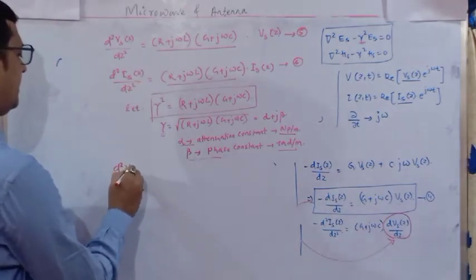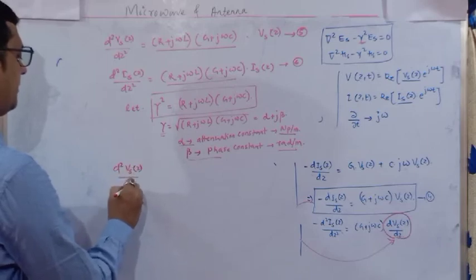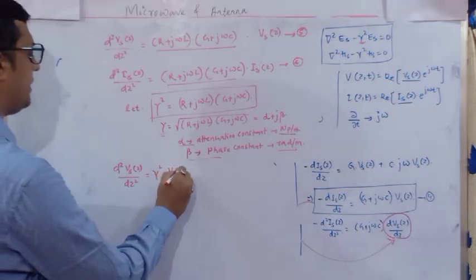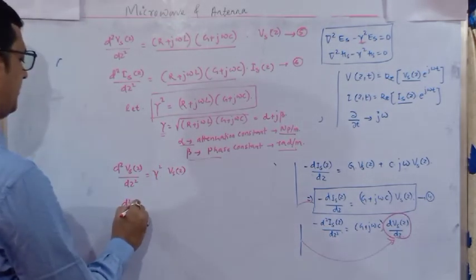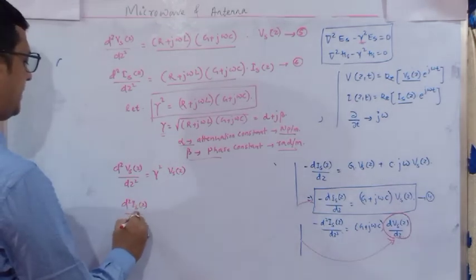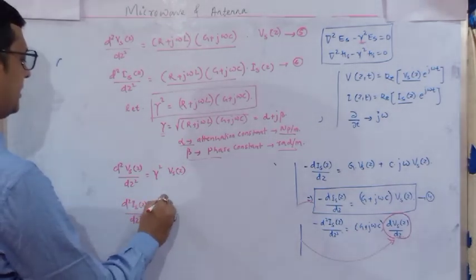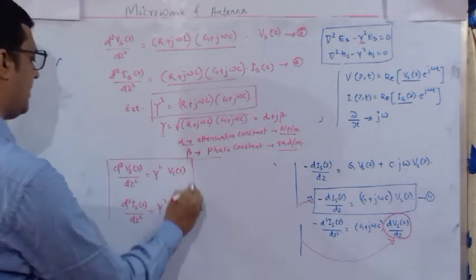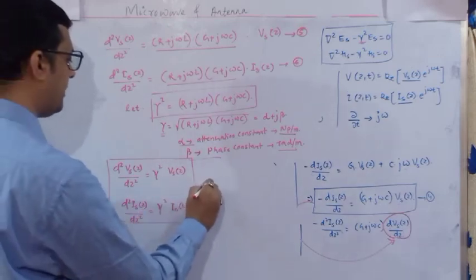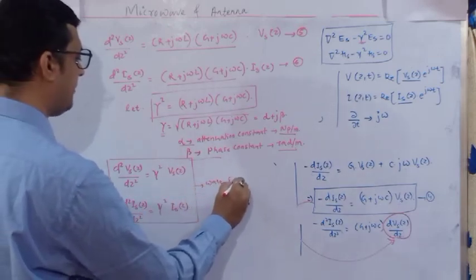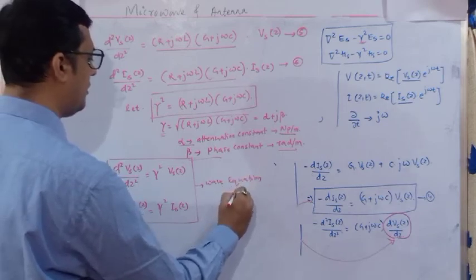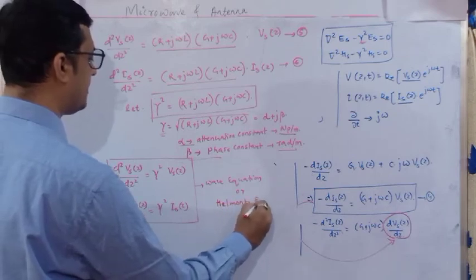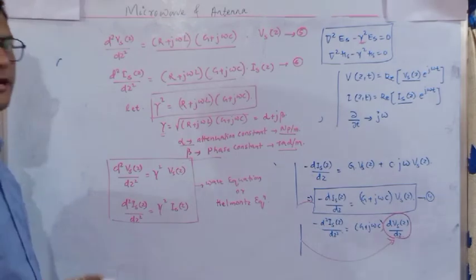So I will get d square Vs of z by dz square equals gamma square into Vs of z, and d square Is of z by dz square equals gamma square Is of z. So these two equations are called wave equations, or we can say Helmholtz equations, in terms of RLGC parameters.